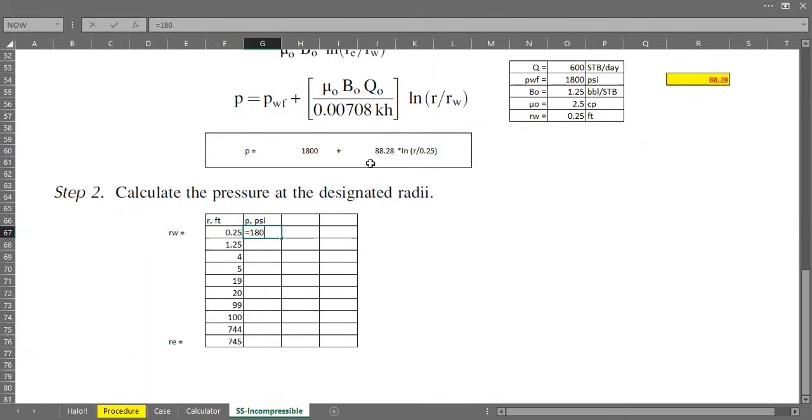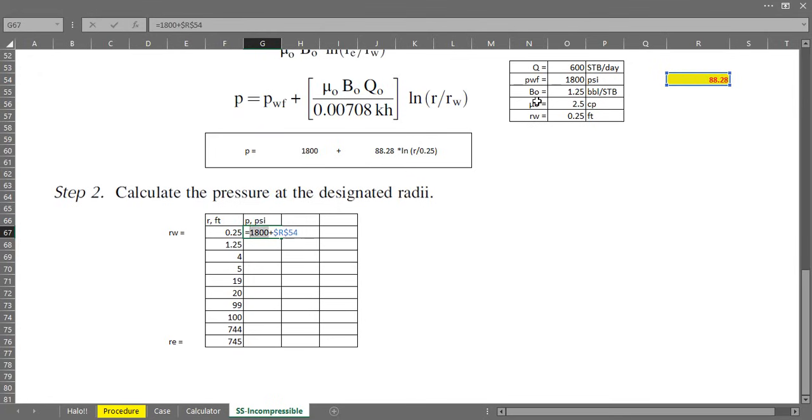And yeah, we can calculate the pressure using this equation. So it is 1,800 plus this one, 88.28, make this dollar, okay, F4 to lock this number.